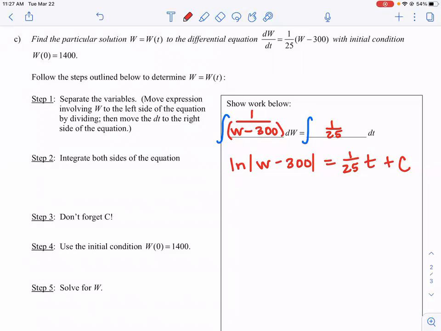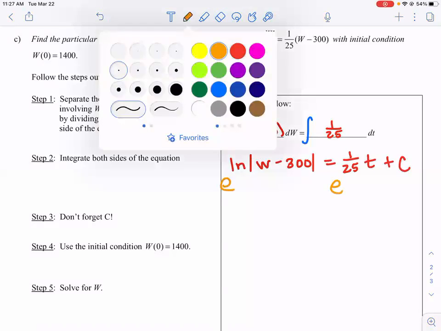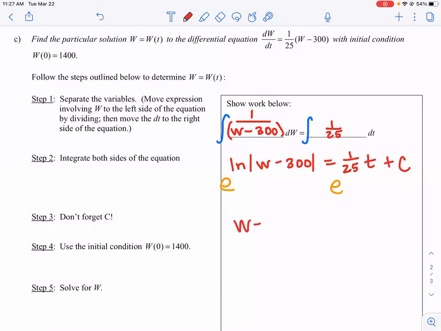Like, this isn't terrible. So we've been solving for w first and then using our initial condition. So how do we do that here? So we have w minus 300 equals c e to the 1/25 t.